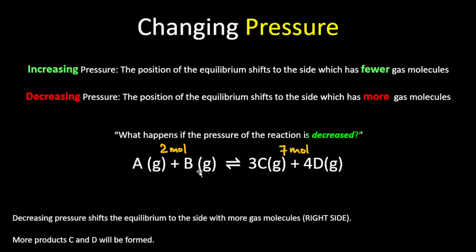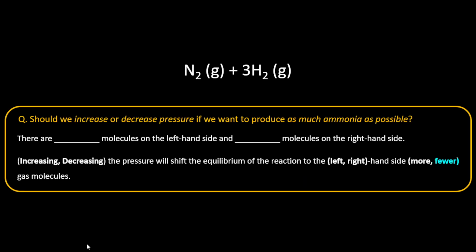First things first, we write down that there are 2 molecules on the left hand side and 7 molecules on the right hand side. Now if I decrease the pressure, it shifts to the side which has more molecules, which is the right side, and that is why more products C and D will be formed. Now pause the video and try to fill in the blank on your own.